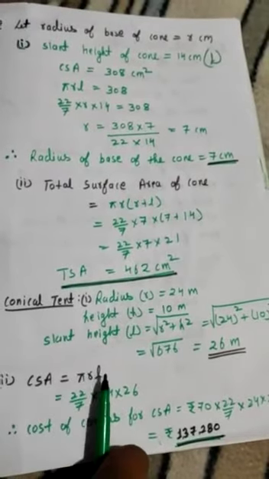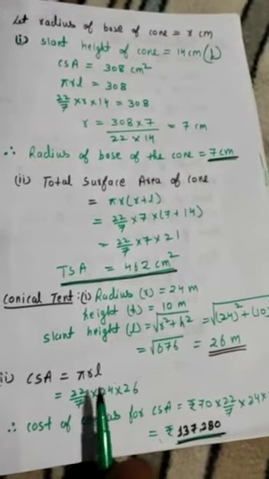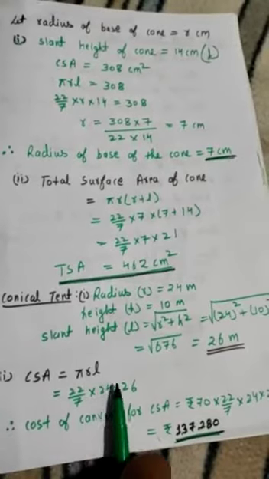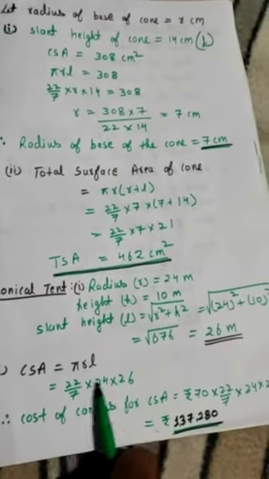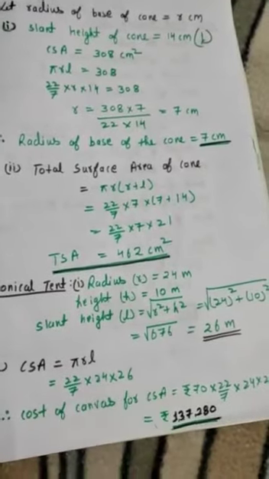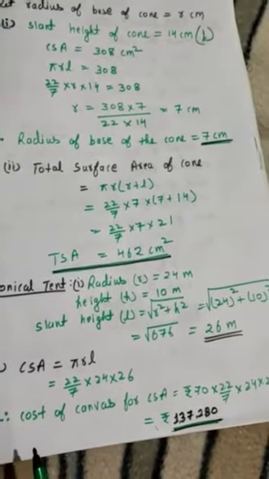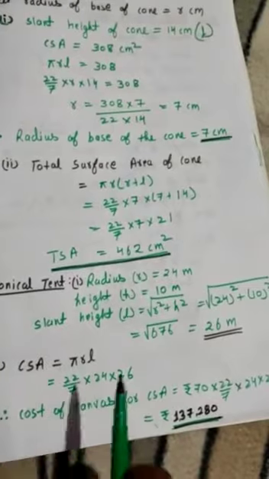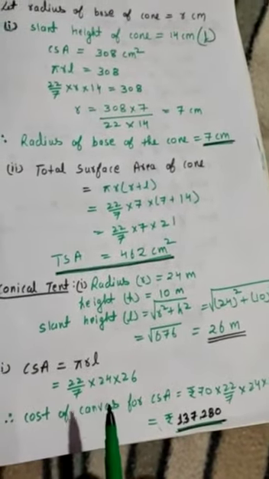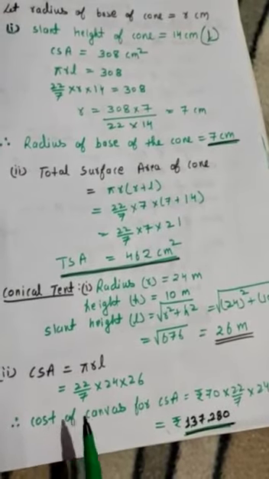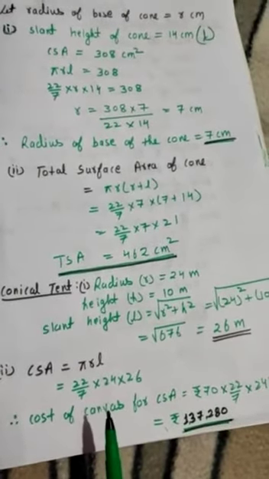Which is pi r L. So just put the values 22 upon 7 into 24 into 26. Now it's your option whether you calculate this over here and write the answer. I'm not doing so. It is given that for making that conical tent, canvas is used. So how much canvas is used?